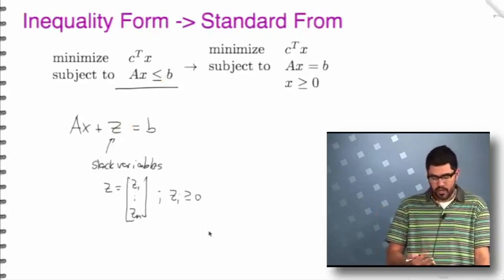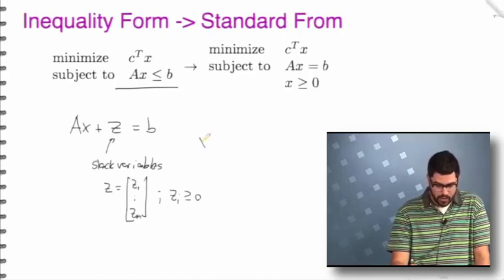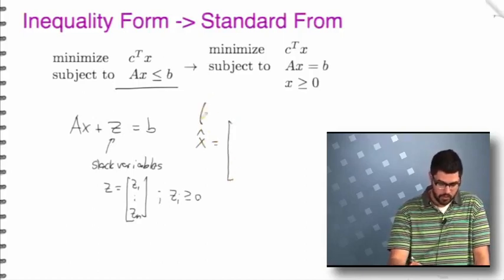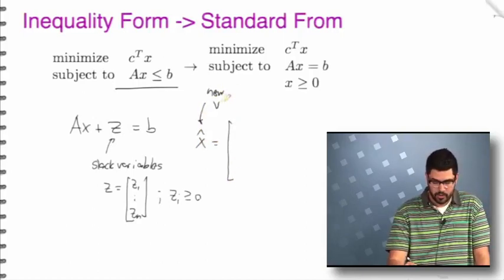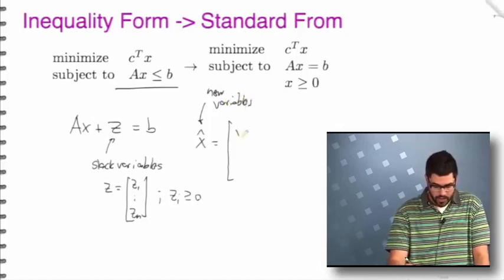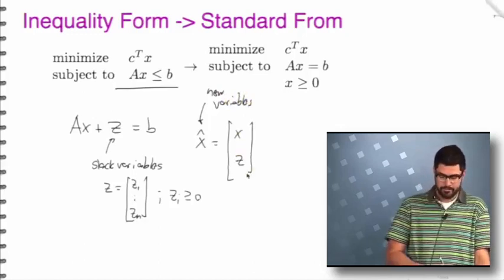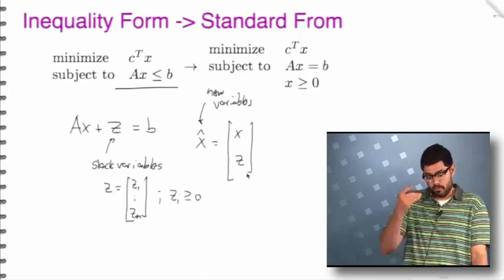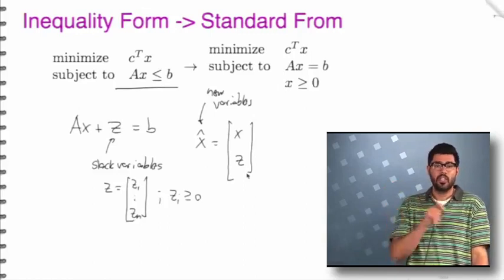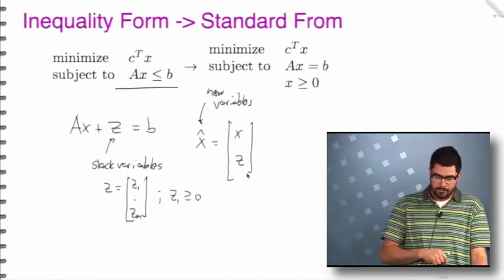Okay, so what I've done now is appended, so now my new x, I'll call it x hat, my new variables, are now the original x and these new variables z. All right, so that was pretty easy. We just added a slack variable vector to the Ax.